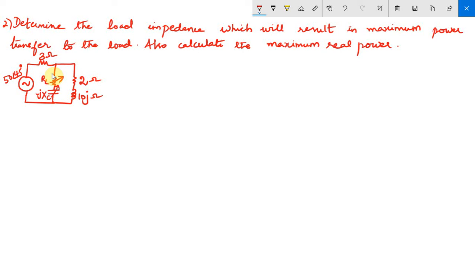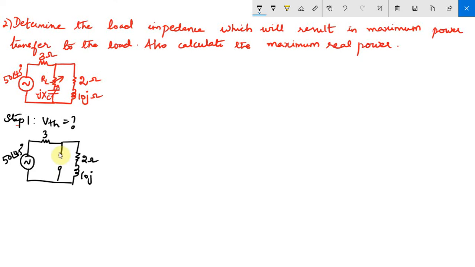So let us do step 1, finding VTH. For VTH, remove your load by open circuiting, and then find the voltage across this open circuited path, which will give you VTH. In order to find VTH, at first we should know the current flowing through your circuit. So I is equal to 50 angle 45 degree divided by the total impedance, which is 3 plus 2 plus 10J.